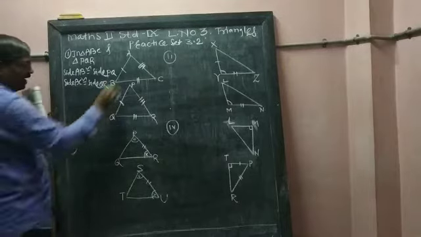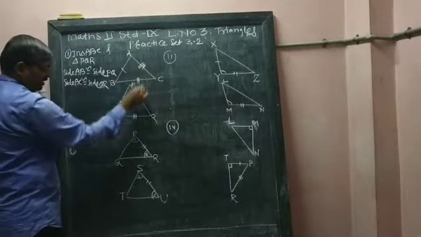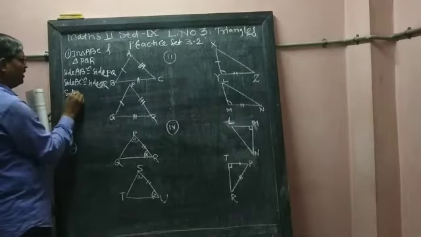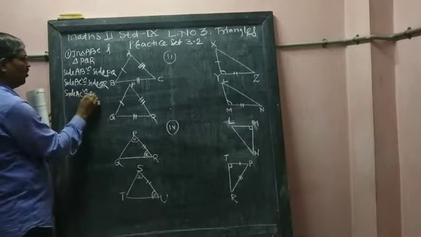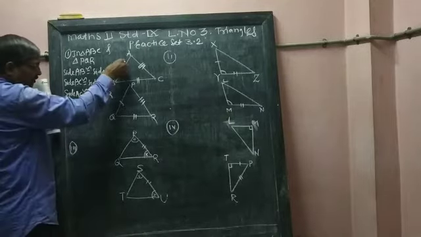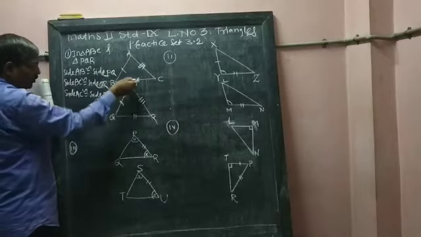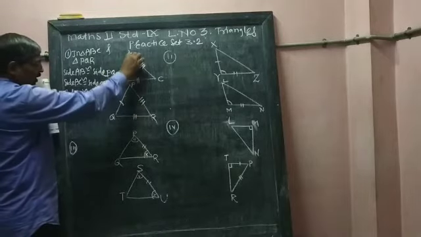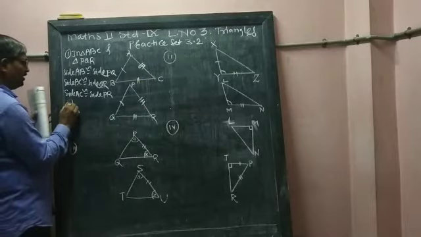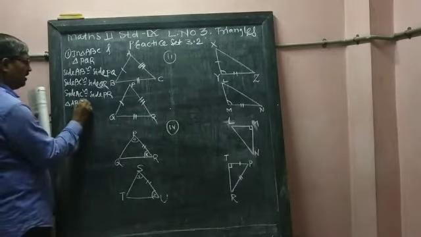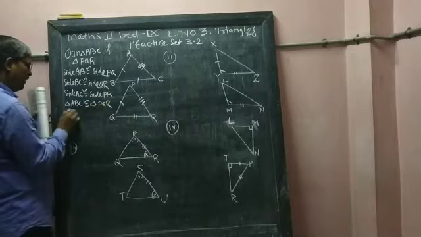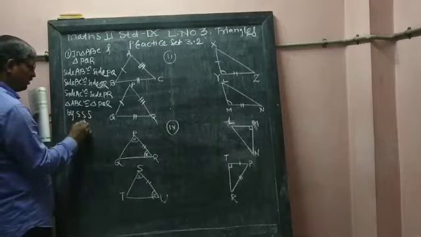And side AC has three marks, so side AC is congruent to side PR. Means AB is congruent to PQ, BC congruent to QR, AC congruent to PR. Means these two triangles, triangle ABC is congruent to triangle PQR by the triple S test.